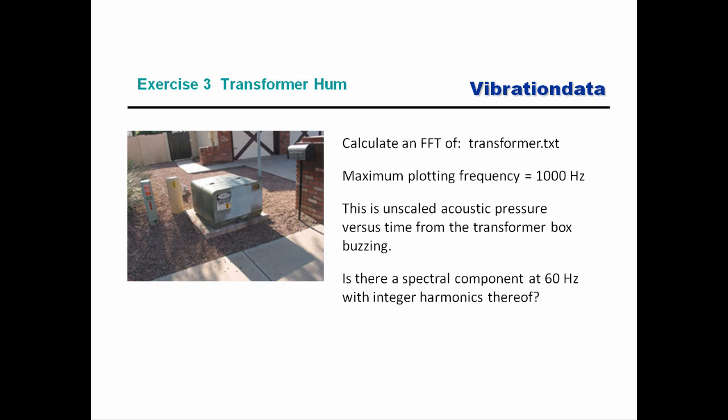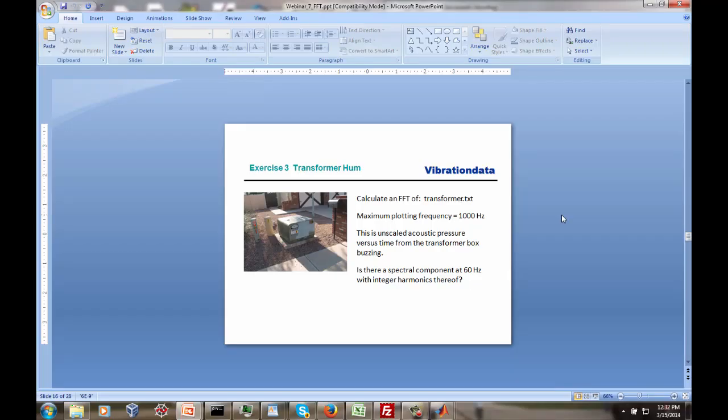Well, the electrical power that comes in, now I'm talking about the United States here, in the United States, the electrical power is at 60 hertz. That's the frequency of our electrical power. So we might expect then to get an audio signal in that buzzing at 60 hertz, as well as integer multiples thereof. So let's see if that's going to happen.